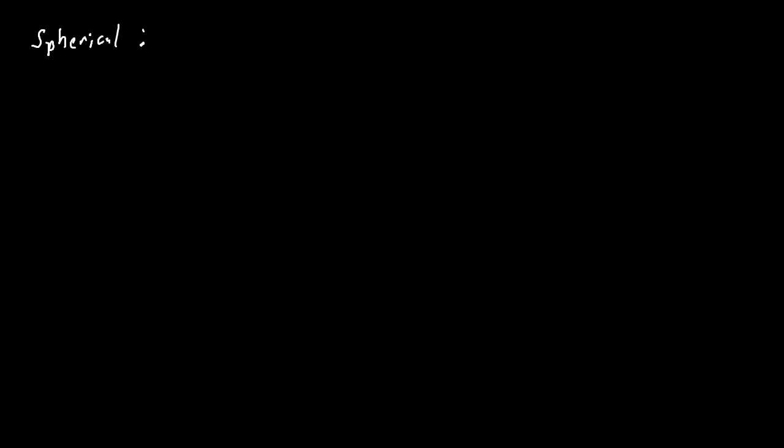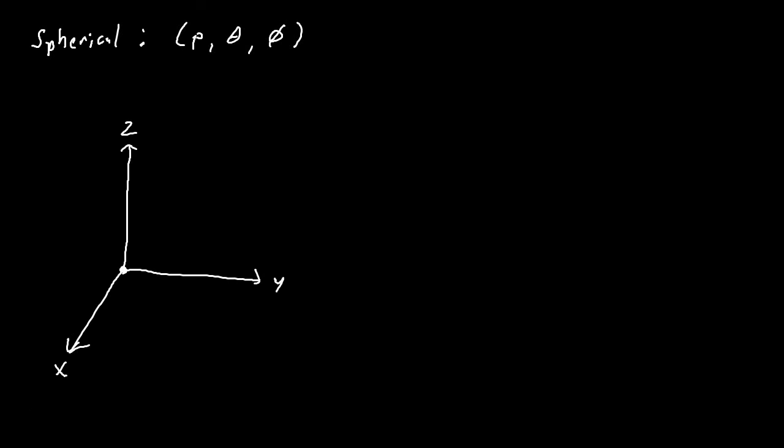So now moving on to spherical coordinates, they're always going to be in the form rho, comma theta, comma phi. So let's say I'm trying to plot a point P, which is in spherical coordinates, rho, theta, and phi.